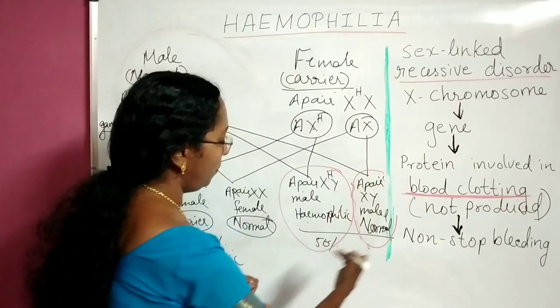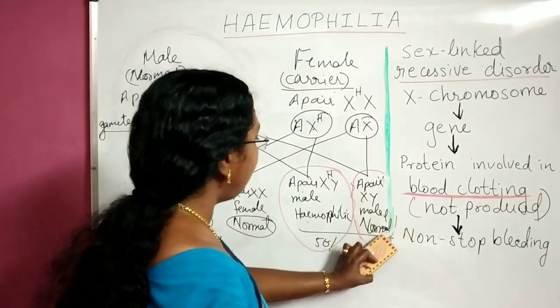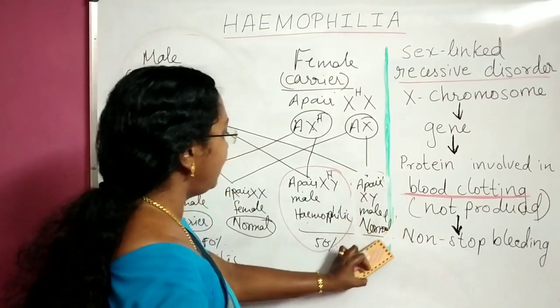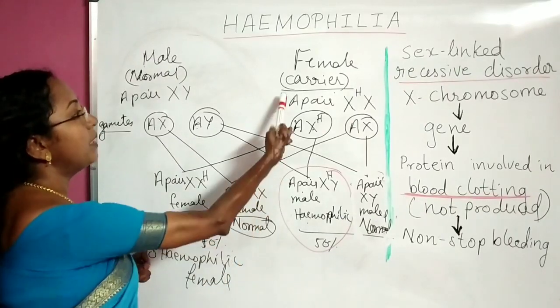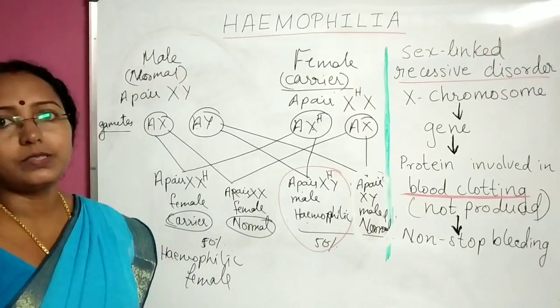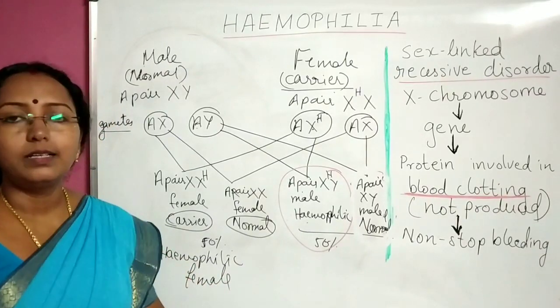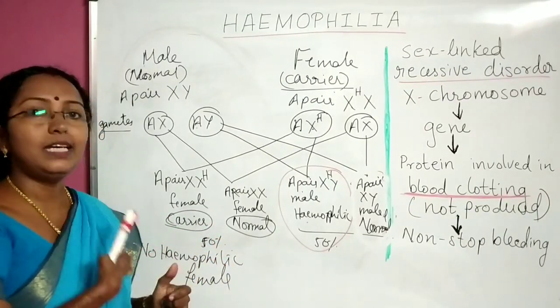This is going to be normal. So in this case you can say haemophilia, the passage into its progeny is from carrier female to some of the male individuals, 50% of chance. But if it is female, 50% can be normal, another 50 can be again carrier.